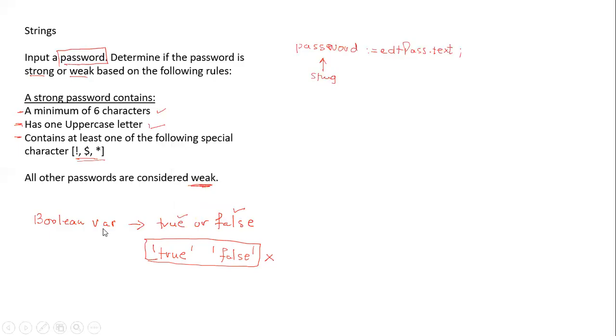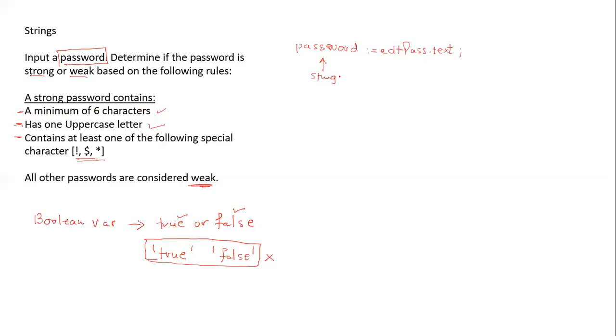Think of it as being similar to a switch. So a switch is either on or off, in this case, true or false. And this can help us very nicely in solving many different problems that we're faced with. So I'll show you how we can use this technique. So let's look at the first case where we need the password to have a minimum of 6 characters.